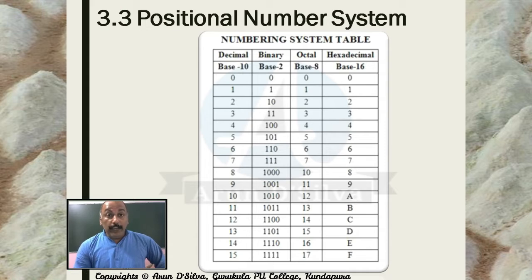But we should know, if a number is there in one number system, what is the equivalent value in another number system. For example, if it is 1000 in the decimal number system, what is the equivalent value in binary, in octal, in hexadecimal? That we should know.